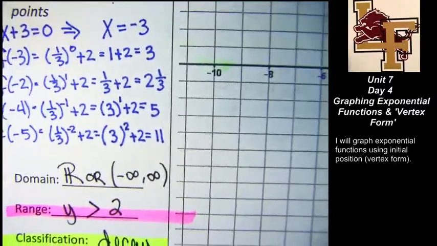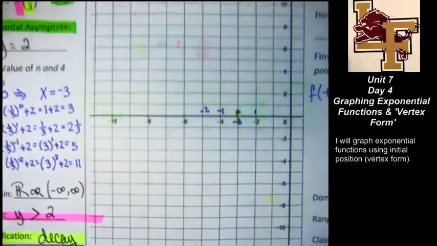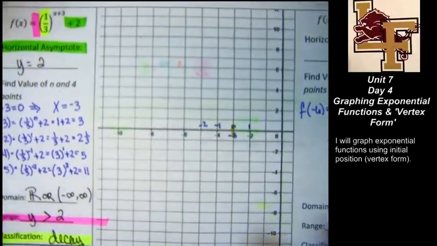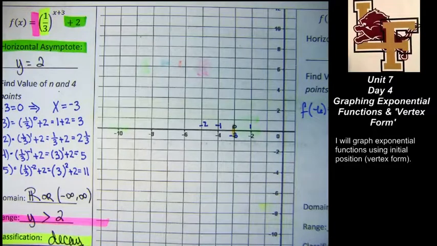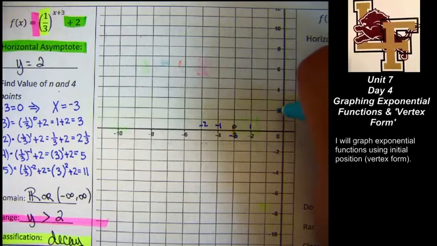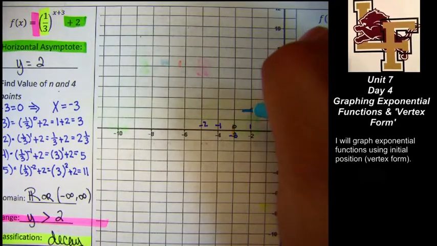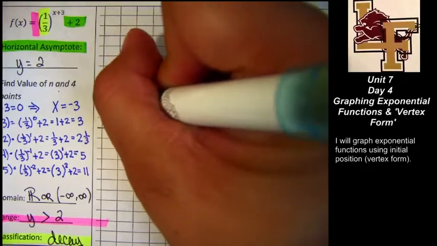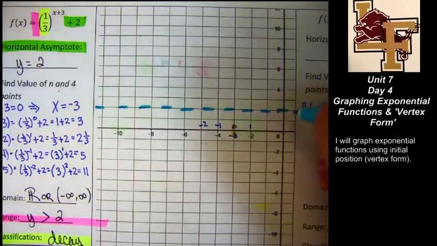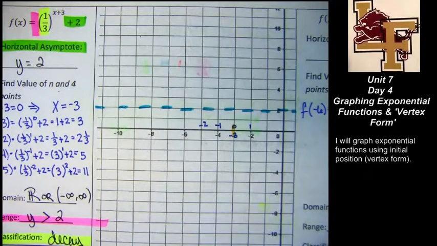All right, now that I have a bunch of points, let's go ahead and start to graph this thing. Start your graph with the asymptote. That'll make your life a little bit easier. My asymptote is y equals 2, so I'm going to come up to my y equals 2 line. Remember, that's a horizontal line. And I'm going to put a dashed line all across that.